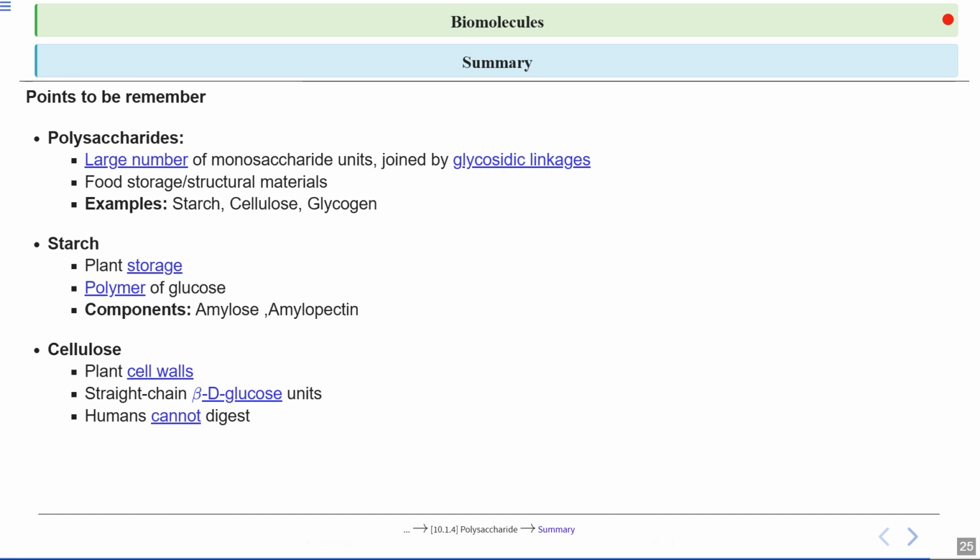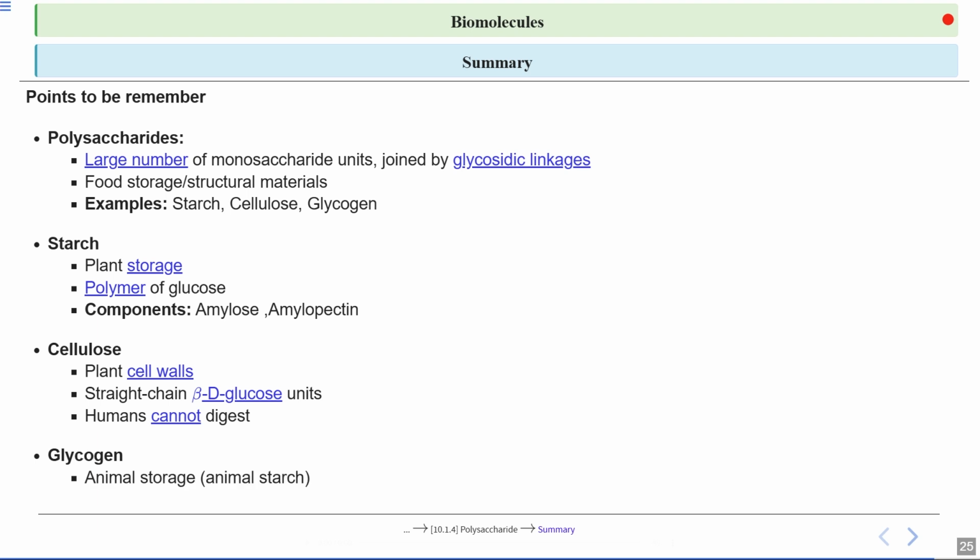Humans cannot digest cellulose because we lack the necessary enzymes required to break those beta linkages. That's why cellulose passes through the digestive system as fiber, which helps us with digestion but does not provide any energy.